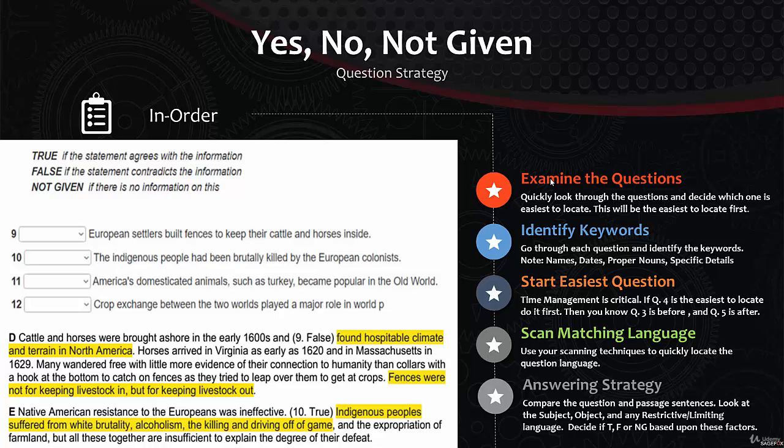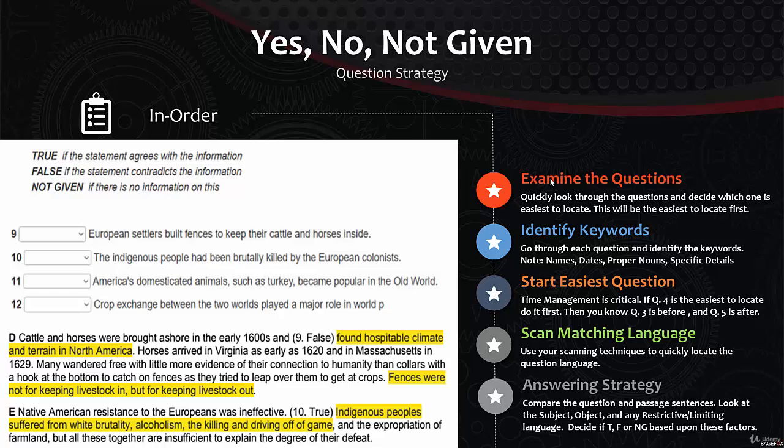Number 10 says the indigenous people have been brutally killed by the European colonists. And then when you look at number 10 in paragraph E, the other language you see highlighted is for a different question, for a different type of question. It might be a fill the blank question or something else.